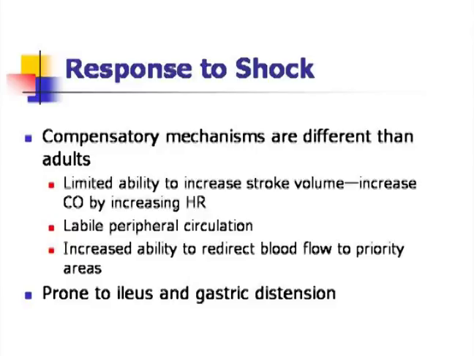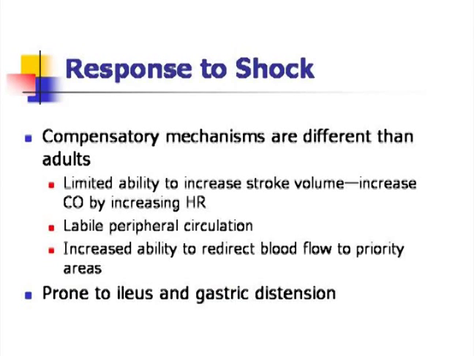One of the key things about kids is they also respond to shock differently, and they have different compensatory mechanisms than adults. One of the key things when you're thinking about trauma patients is children have a limited ability to increase their stroke volume. So when kids' cardiac output goes up, they do it by increasing their heart rate.